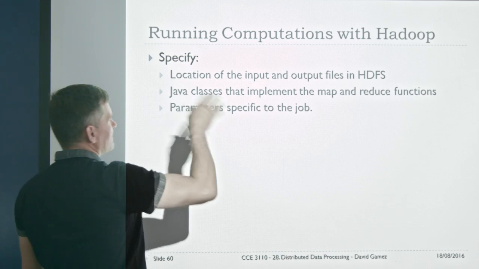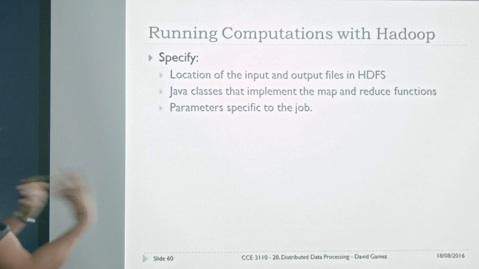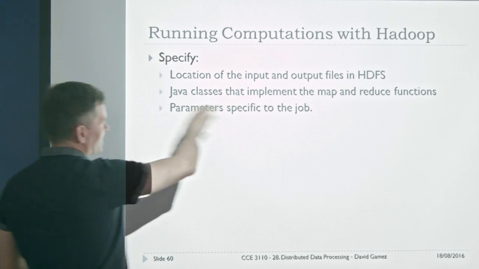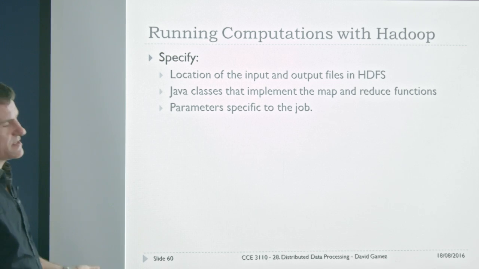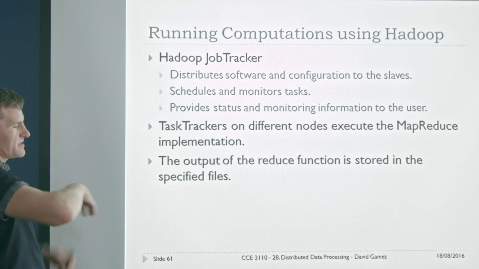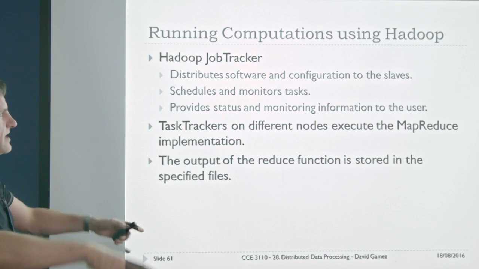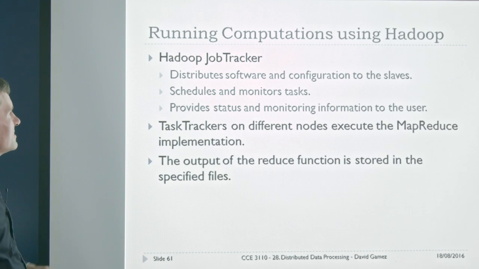Okay, so how do we run a computation with Hadoop? What you do is specify the input and output files. So what's the system going to process as its input, and where's it going to put the results? Then we need some Java classes that implement the map and reduce functions, and some parameters to configure the job. Then we've got the Hadoop job tracker that does the work of distributing the software and the input data to the slaves, the machines that are doing the actual work.